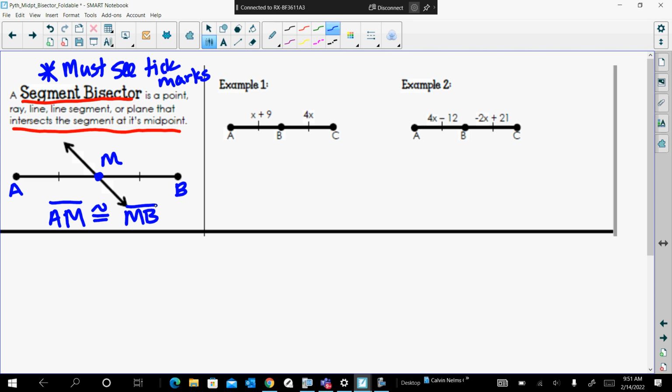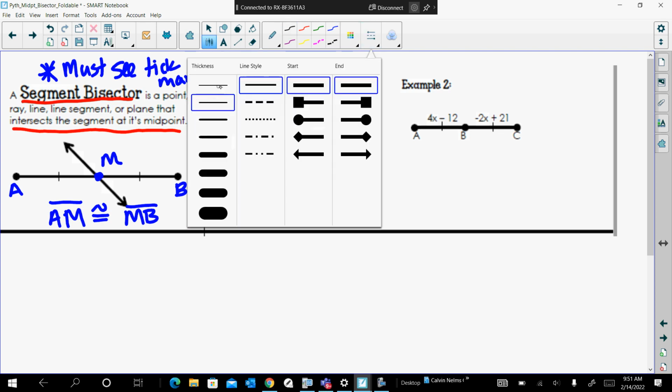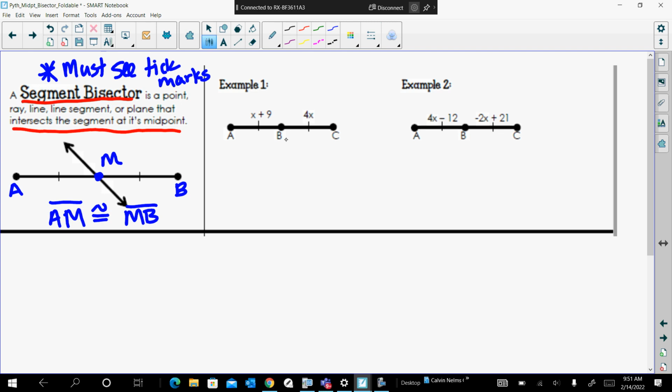All right, so for example 1 here, they want us to find the x, okay? Which parts are congruent here? AB and BC. AB is going to be equal to BC. So to set this up, we should start by writing x plus 9 equals 4x.